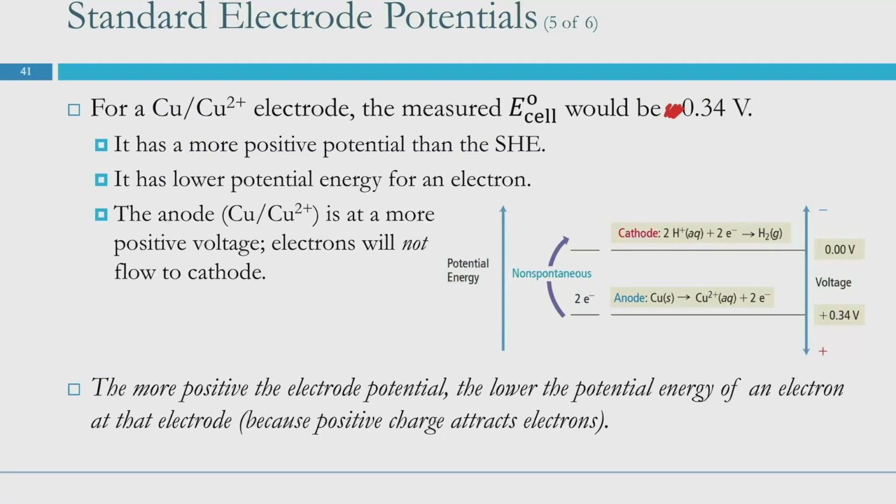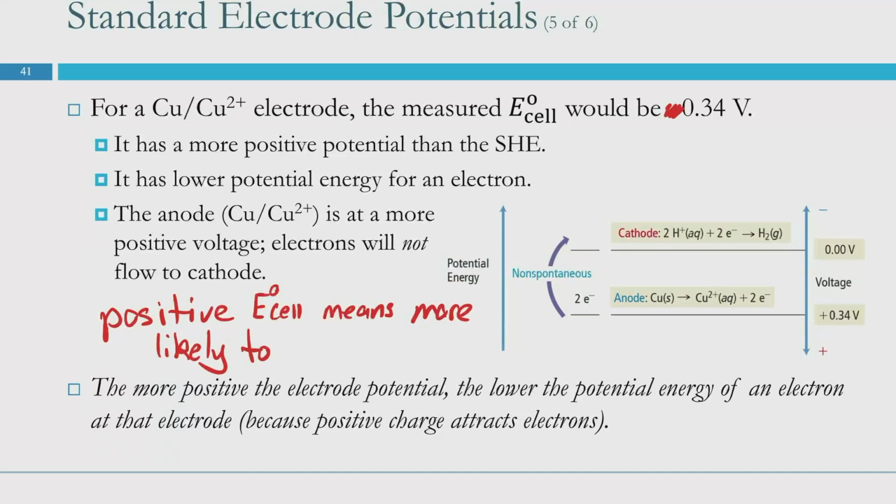So this is the other side of the coin. The more positive, a positive E cell, means more likely to gain electrons. So it would be a good cathode.